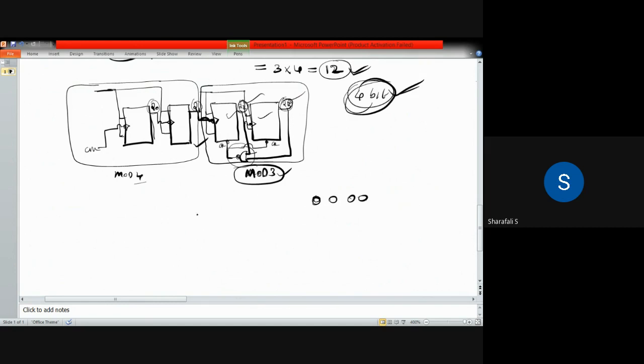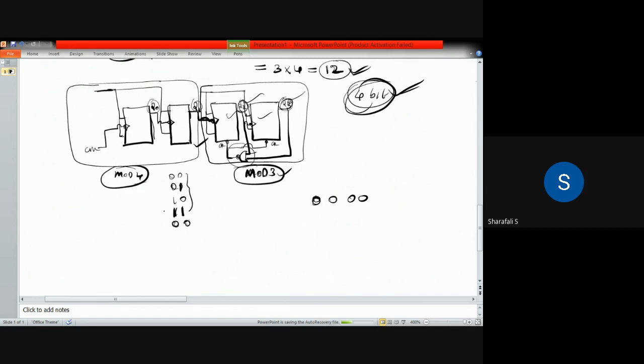Q1, Q0 also will be 0, 0, because it has completed its number of states: 0, 0, then 0, 1, then 1, 0, then 1, 1, then it will go to 0, 0 again, because this is a mode 4 counter. Once it has had these 4 states, it goes back to the initial state 0, 0. So at this moment 1, 1, we are having these values that we have considered.